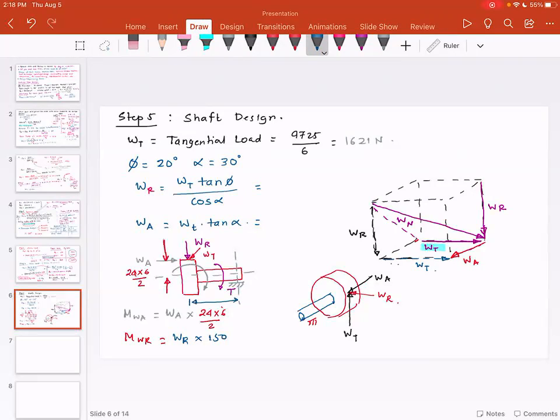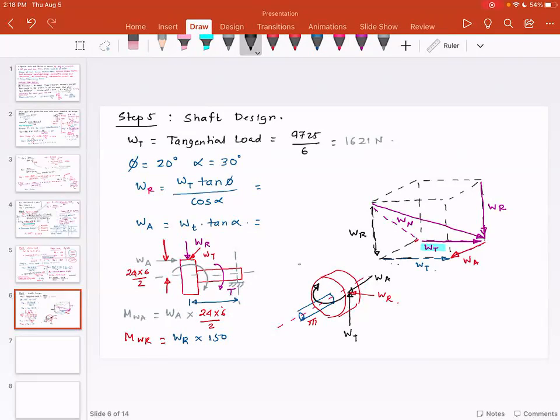And if you look at the moment given by Wt, you need to look at this: Wt multiplied by the radius. So you need to find out the moments that are given by these individual components.